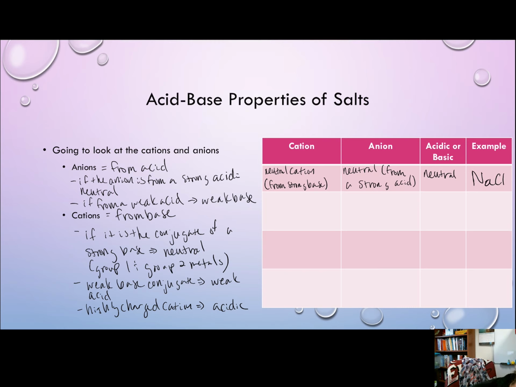We can have a neutral cation, so from a strong base, and a conjugate base of a weak acid. So a basic anion.